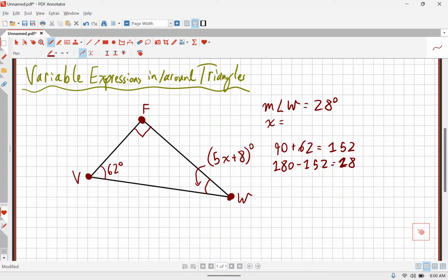Perfect. How many of us are able to get 28 degrees for the measure of angle W? Love to see it. Sadie, how did you use that to find out what x was? Awesome. How many of us got x equals 4 for that?